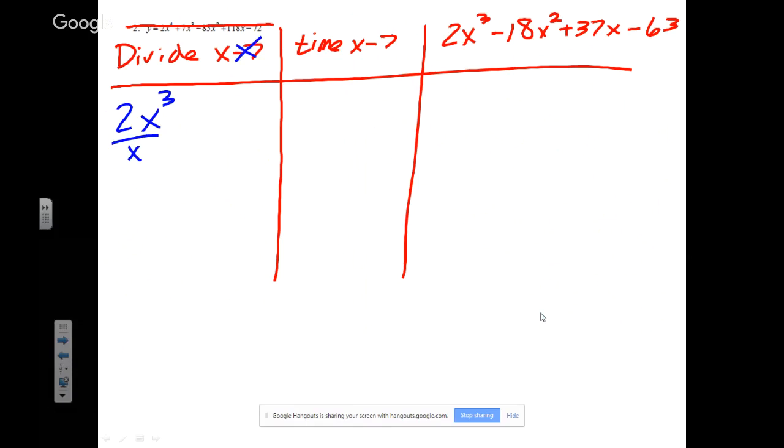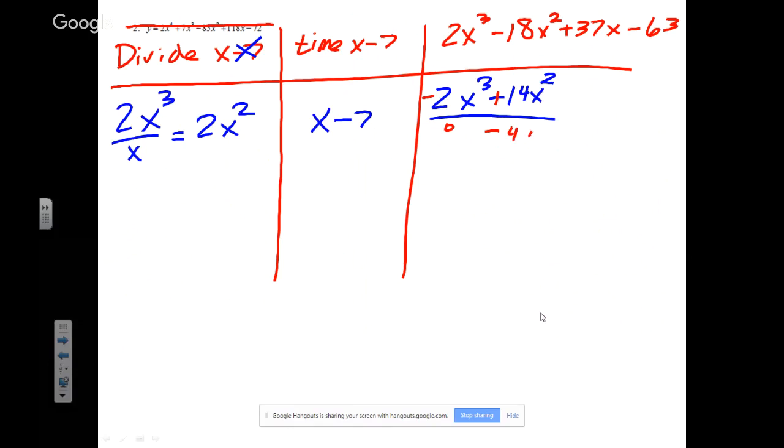I don't care about my little brother, just the x, and I get 2x squared. Distribute that in, I get 2x to the third minus 14x squared. Switch my signs. I get 0 and negative 4x squared. Bring down the next thing.